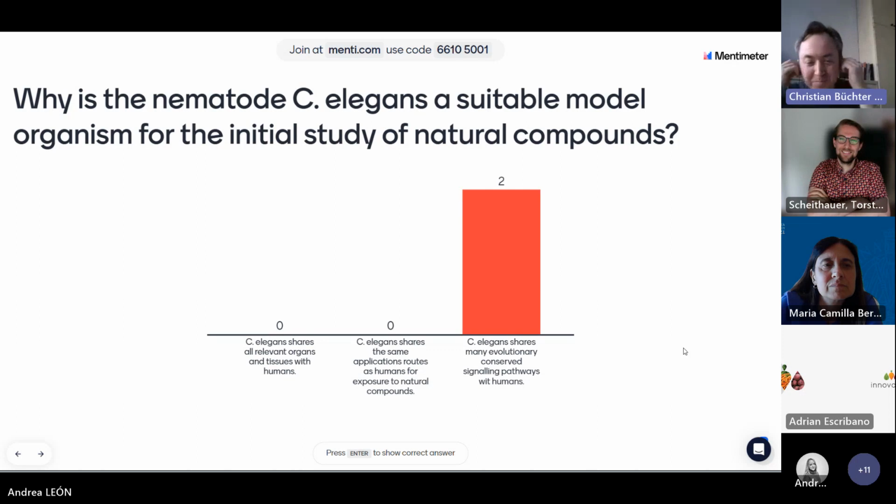The main reason C. elegans is a quite good first model organism to investigate the effects of natural compounds is that important signaling pathways that are related, for example, to aging or diseases are evolutionarily conserved.